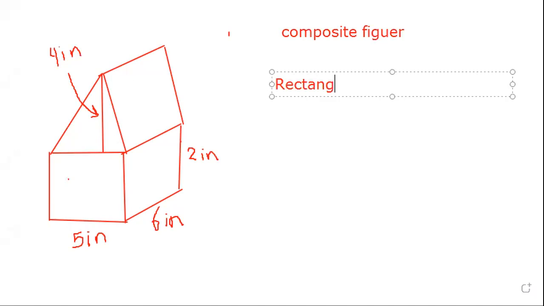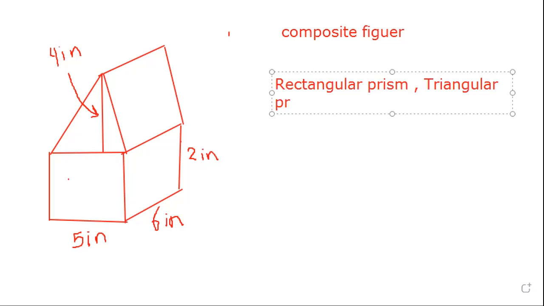Rectangular prism and triangular prism. Okay, so the figure consists of a rectangular prism and a triangular prism. So we want to calculate the volume, right?